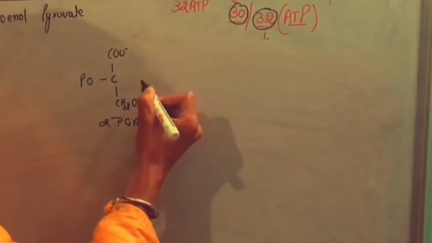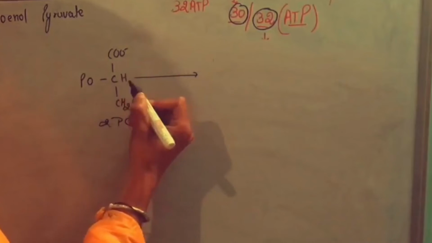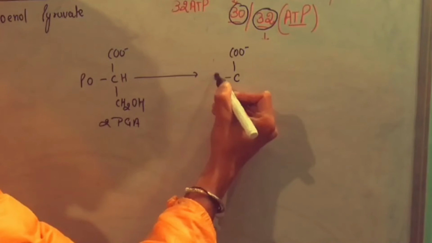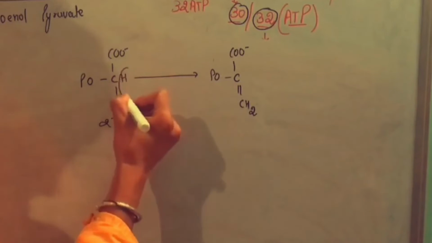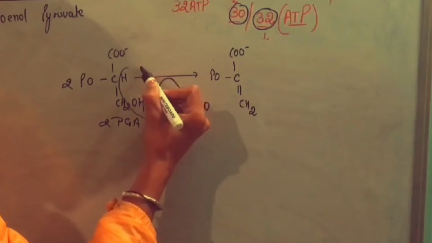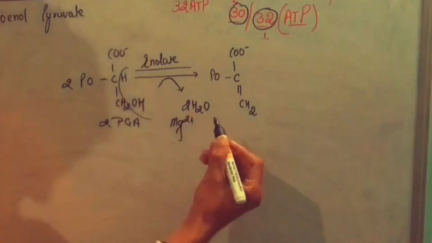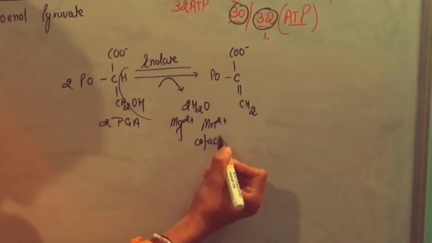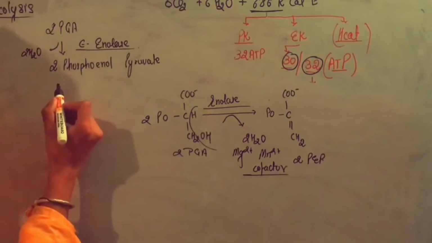This 2-phosphoglyceric acid is converted, H over here, to COO negative, COP, double bond, CH2. During this process, a molecule of water is removed. 2 molecules are involved, so 2 molecules of water are removed, and the enzyme is enolase. Mg2 positive and Mn2 positive act as cofactors during this process, which forms 2 molecules of 2-phosphoenol pyruvate.